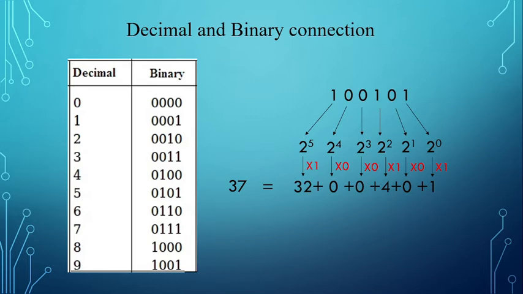Because we are taking the decimal equivalents of these placements, the addition is shown in decimal. So if we convert the binary number shown to a decimal number, we get 37. If we take this 37 and convert it to binary, what we'll get is 100101.